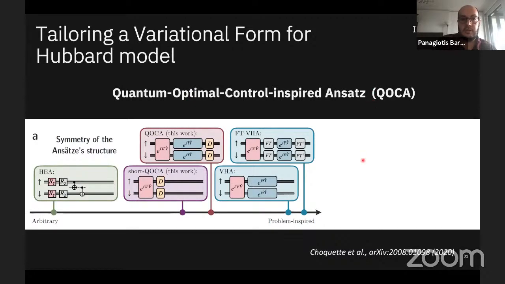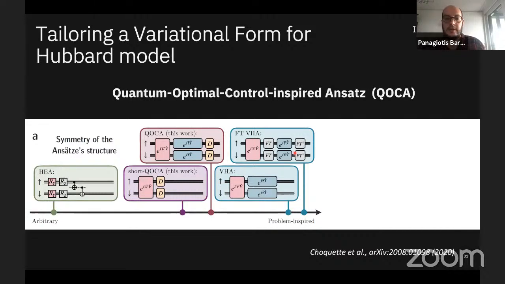This is work that was done in collaboration with the University of Sherbrooke, and we started by thinking of the heuristic ansatz, or the hardware efficient ansatz, as an arbitrary ansatz, and the variational Hamiltonian ansatz, where we actually encode the Hamiltonian of the system, as a problem-inspired ansatz.